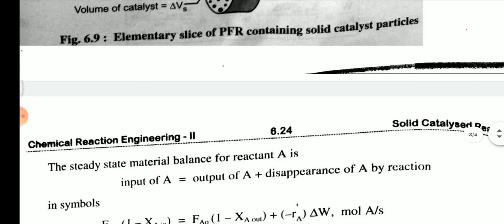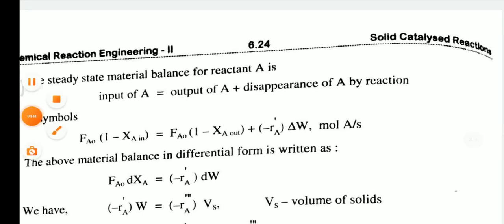So it will be Fa0 into 1 minus Xa in equal to Fa0 into 1 minus Xa out.